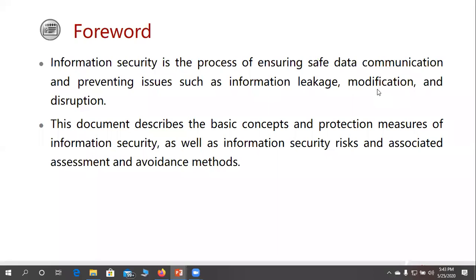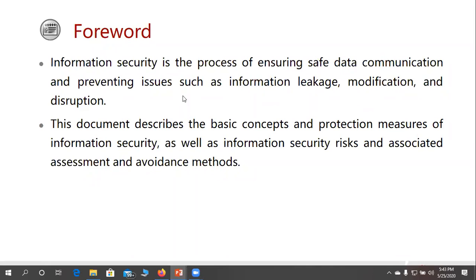Information modification, the changing of information, as well as disruption. That is, this is a situation whereby legitimate users are not having access to information. So information security is the process of ensuring safe data communication and preventing issues such as data leakage, modification, and disruption.